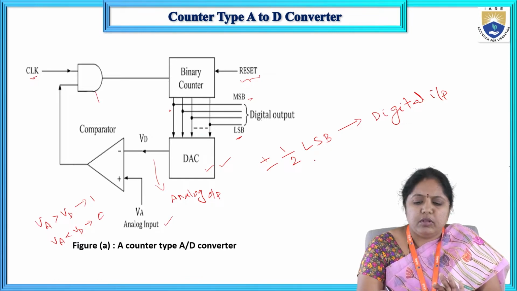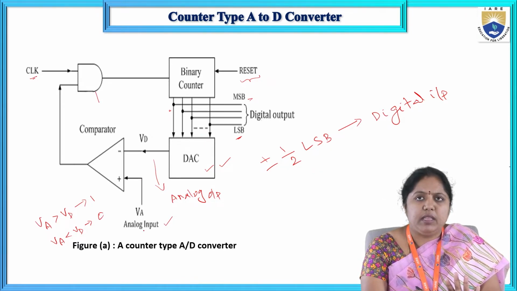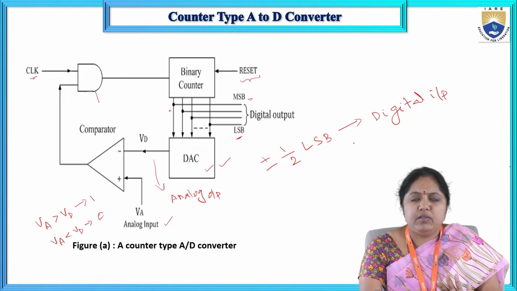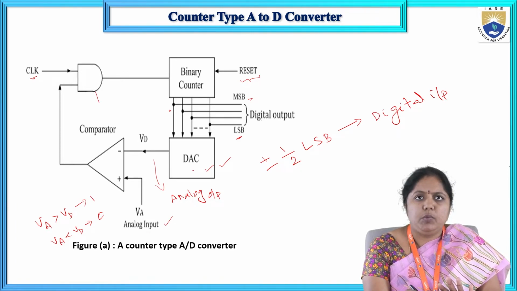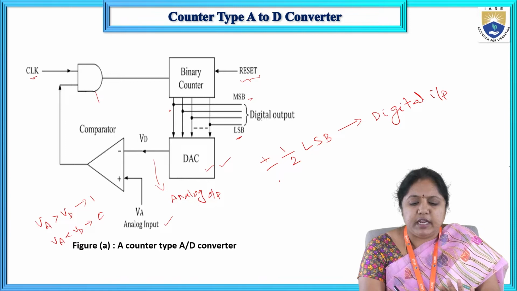The first step in this process is, before giving the analog input signal, I need to set the DAC output such that it is in the range of plus or minus half LSB.